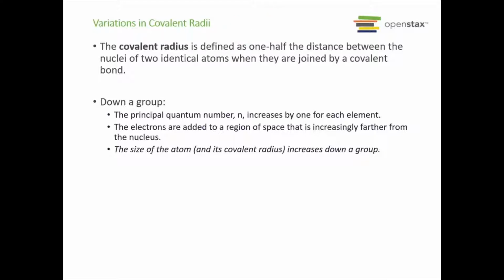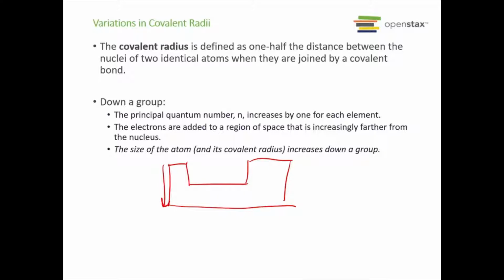So going down a group. In this crude drawing of the periodic table, going from top to bottom down a group, we're increasing our quantum number. So the period numbers are going 1, 2, 3, 4, 5, 6, 7. So we're increasing that n as we go down. And because of that, we're adding electrons to a bigger region of space. So now we're getting further and further from the nucleus.